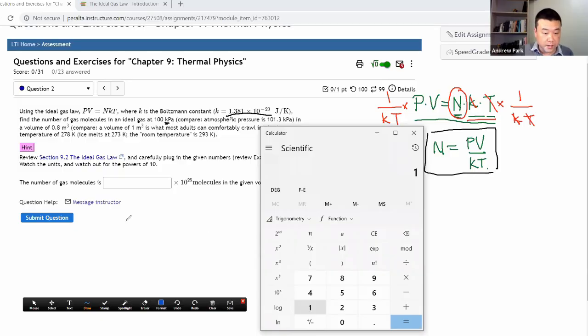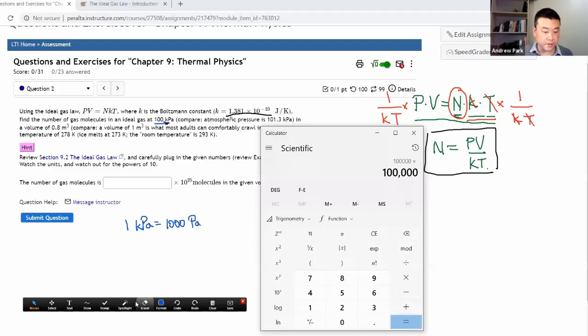I will keep in mind that 1 kilopascal is 1,000 pascal. So when it tells me 100 kilopascal, in my calculator I'm going to put in 100 times 1,000. Okay, that's my pressure times the volume.